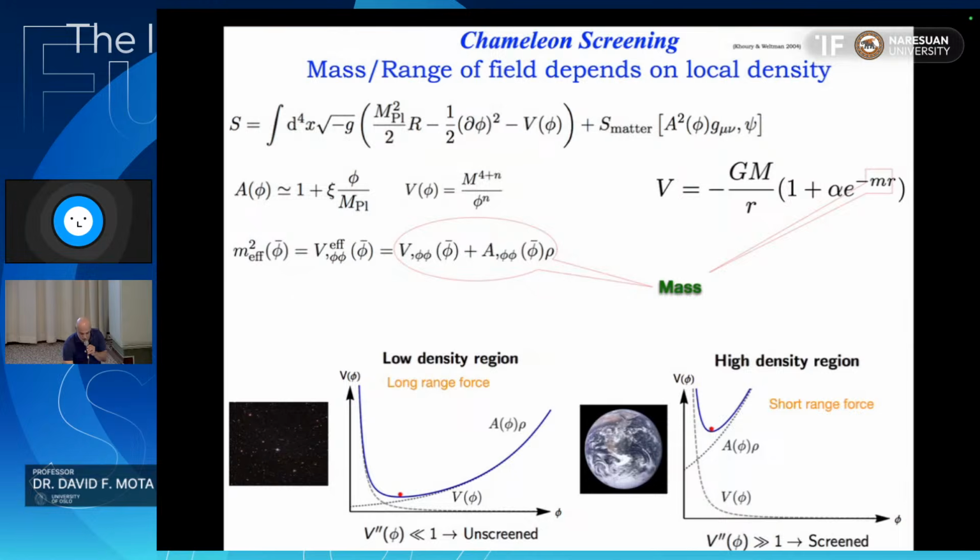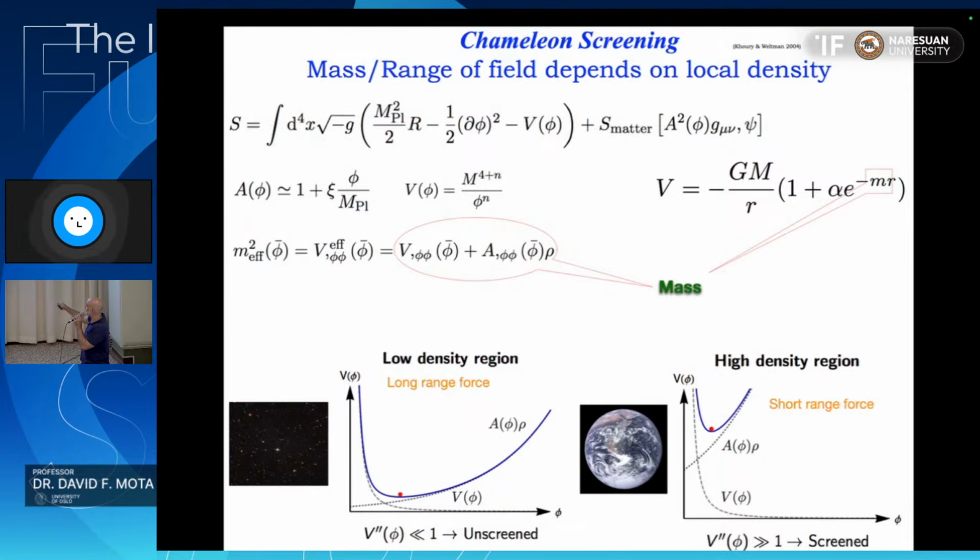When I come, for instance, to very dense environments, like the Earth, the density becomes very high, so this part of the effective potential becomes very steep, and the effective potential now, the blue line, as you can see, is extremely steep. So the second derivative is very large. If the second derivative is very large, the mass is very large. If the mass is very large, the Compton wavelength of the field becomes very short.